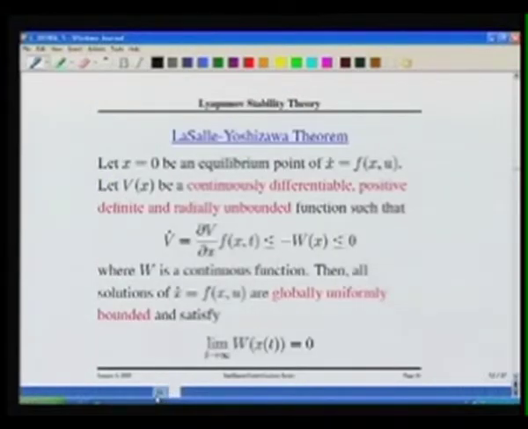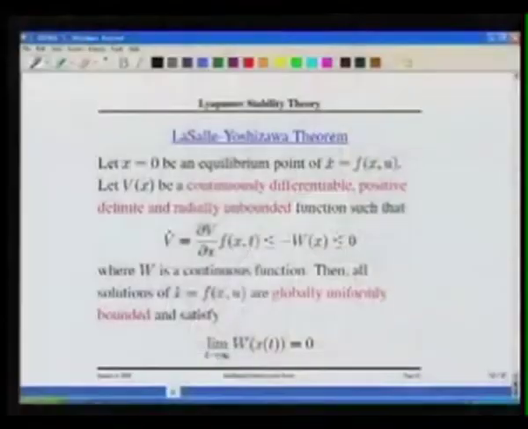Now, this is an important theorem, LaSalle's theorem. It is an addendum to the already existing Lyapunov stability theory using the direct method.